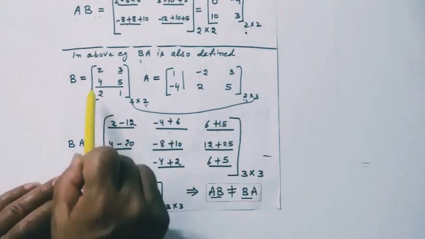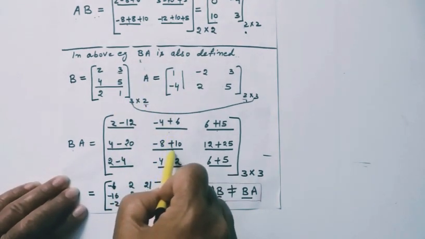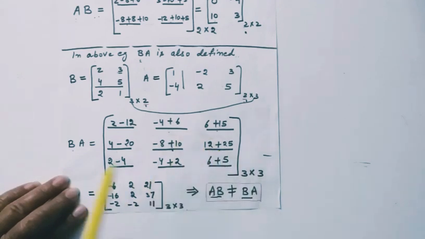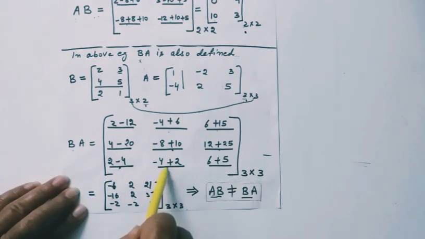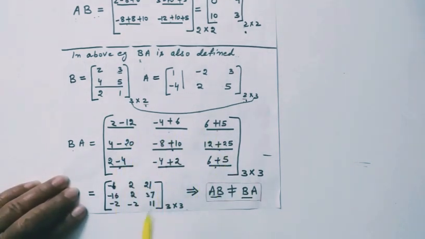For the rest, second row with first, second and third columns, and third row with first, second and third columns. So I do all these sums and I get this matrix: minus 6, 2, 1; minus 16, 3, 7; minus 2, 1, 1.